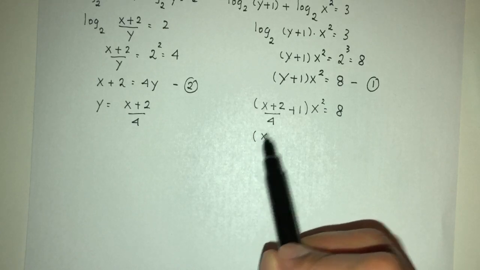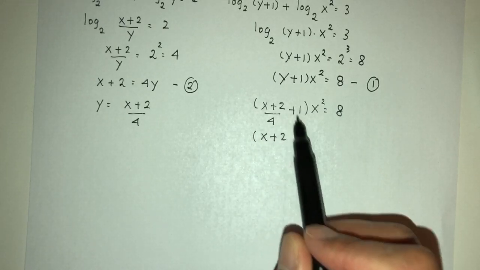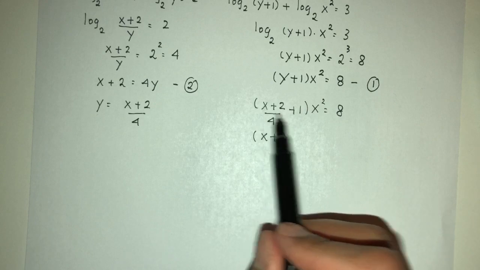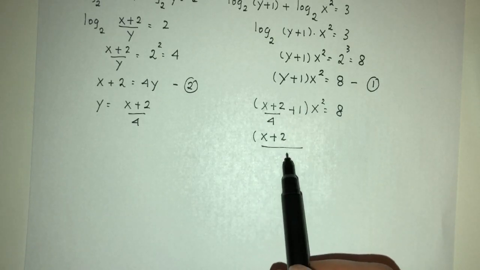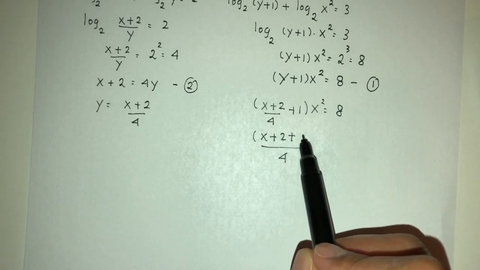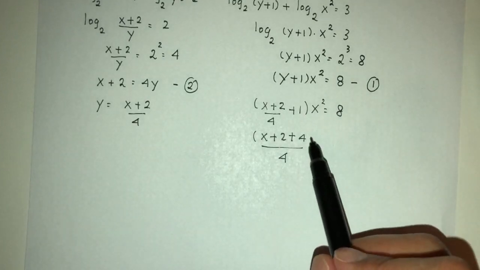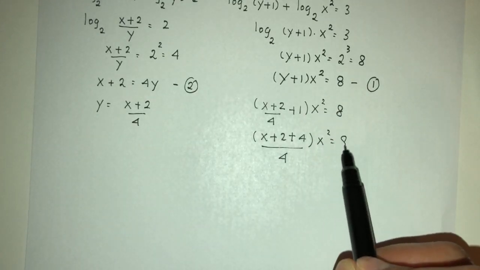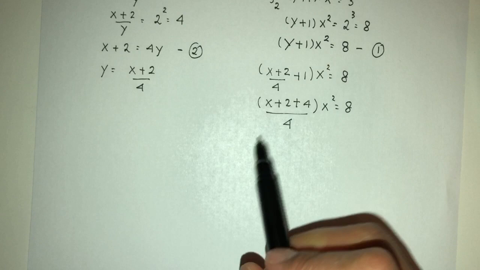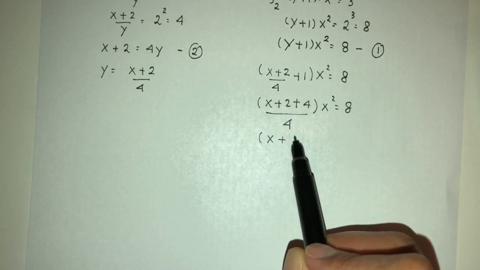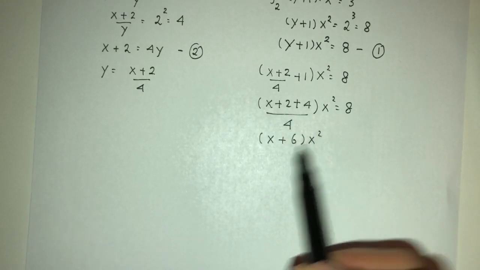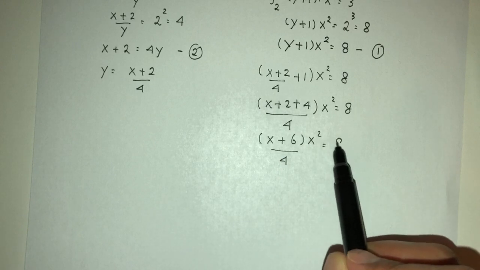So that will be x plus 2. Here we have 1, but you have the base of 4. Let's make it become 4 together, so you have to multiply by 4 as well. So that will be x squared over 8. Now simplify. That will be x plus 6, x squared over 4 equal to 8.